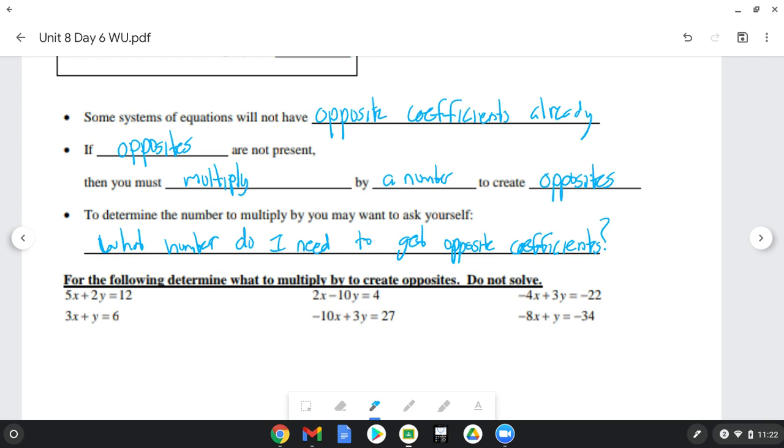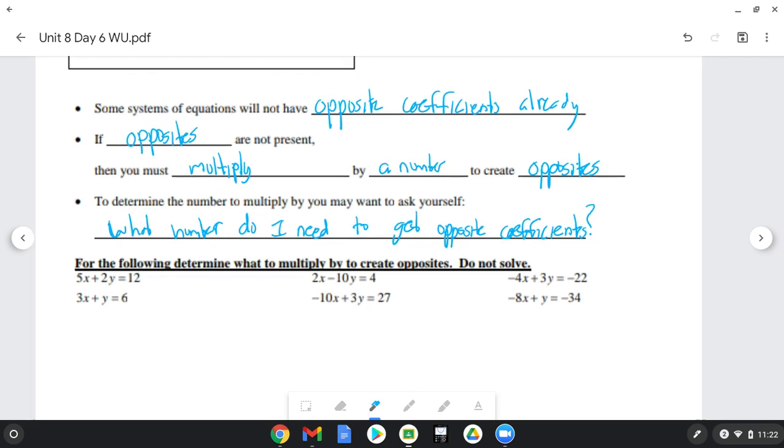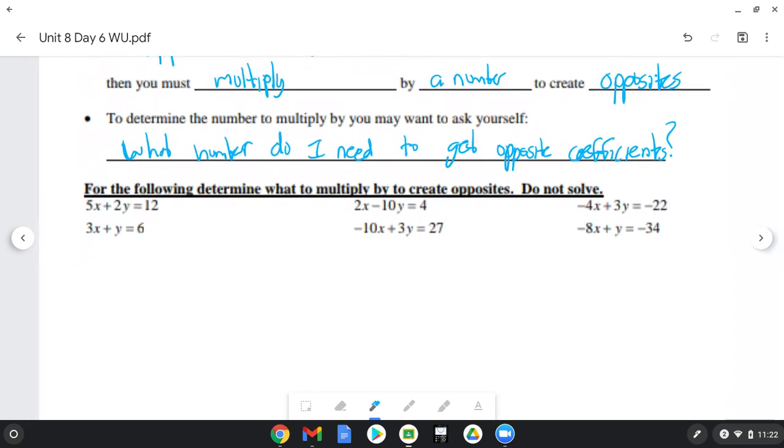So it says for the following, determine what to multiply by. And it says do not solve. So if I'm looking at number 1, or the far left one here, I notice that the y's could be exact opposites if I multiply the bottom by something. So the bottom is a 1y right now, and I want it to be exact opposite of 2 up above.